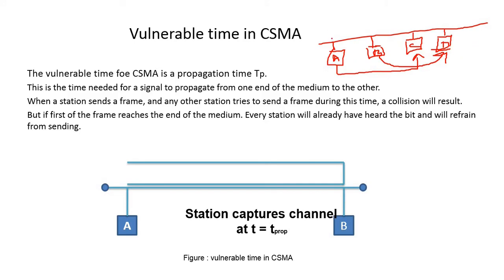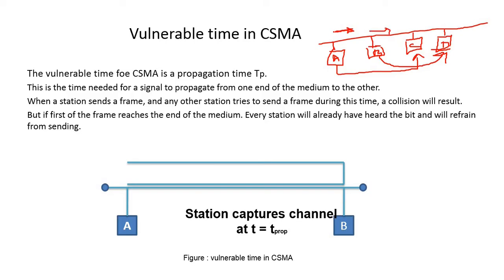Whenever A starts the transmission, A will sense the channel. Is the channel free or not? Yes, the channel is free, so A will start its transmission. Again, B will sense the channel because B wants to send data to D. So B will sense this portion, B to D. Whenever B feels that this portion is empty and no one is transmitting, B will start the transmission.